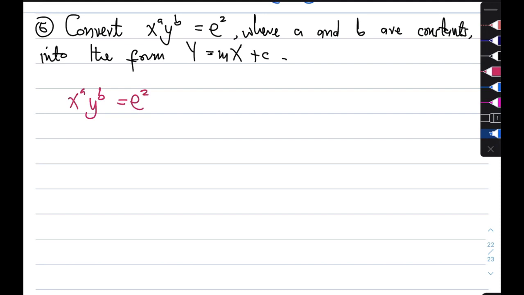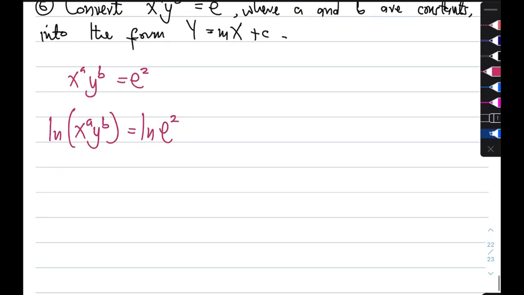Once you see e there, I would advise you to use the natural log instead of log, okay? So let's take the natural log of both sides. We have ln of x to the power a, y to the power b is equal to the natural log of e to the power 2, okay?